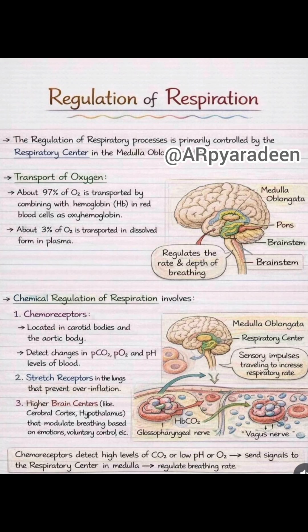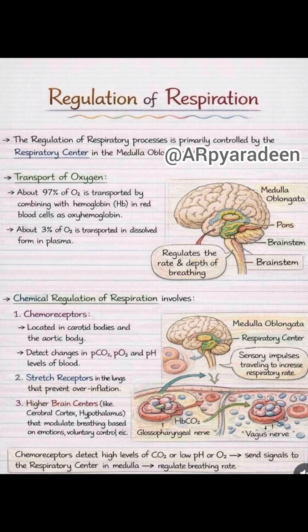Coming to the regulation of respiration, human beings have significant ability to maintain and moderate the respiratory rhythm to suit the demands of the body tissues. This is done by the neural system. A specialized center present in the medulla region of the brain called respiratory rhythm center is primarily responsible for this regulation.